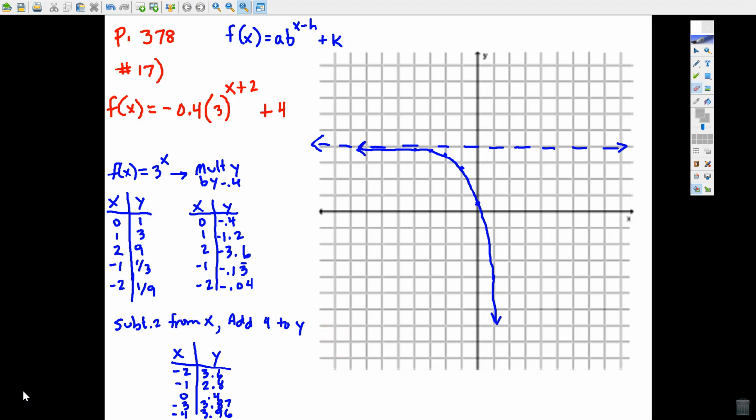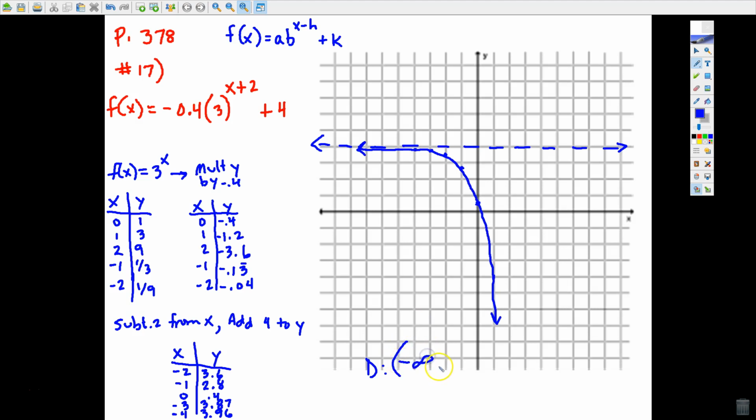Okay, so we have the graph, and now we need to show the domain and range. So again, the domain is still the same. You can tell that as we travel on the x-axis to the right and to the left, our graph is going to encompass all of the x-axis. So we can show all real numbers using interval notation.